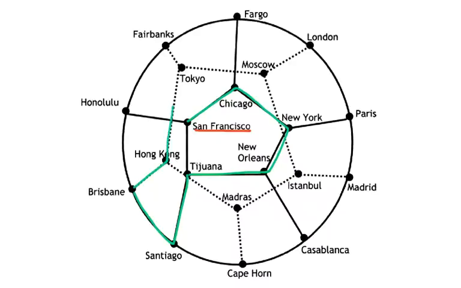So we go up from Hong Kong to Tokyo, Moscow, Istanbul, and Madras. And what this does now is this takes us to Cape Horn, and we can go all the way around these outside identified routes. And when we get down to Honolulu, we can make it back to San Francisco.